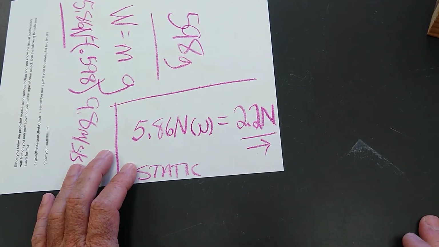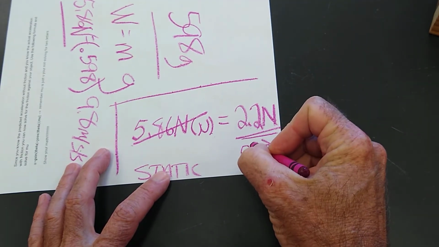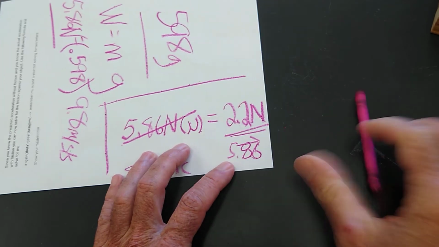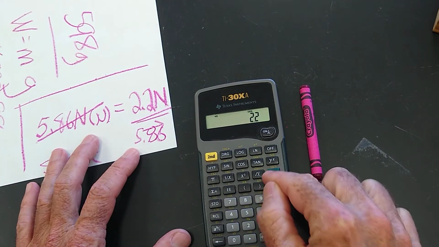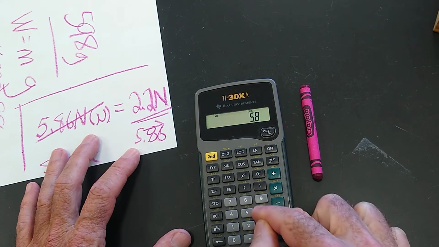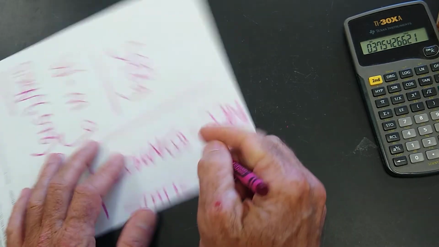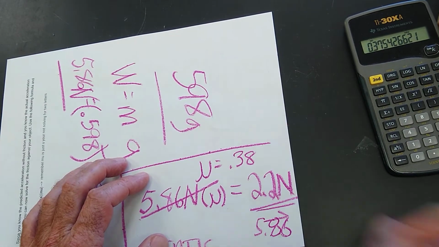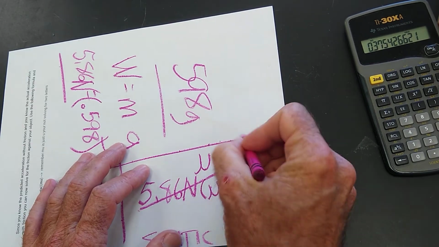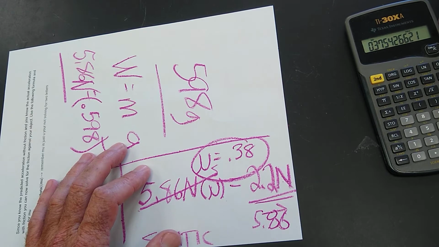What would it be? 2.2 divided by 5.86. We'll take a calculator. 2.2 divided by 5.86. The static mu is 0.375, or we could round it off to 0.38 if we were being a little bit lazy. So there is the coefficient of static friction.